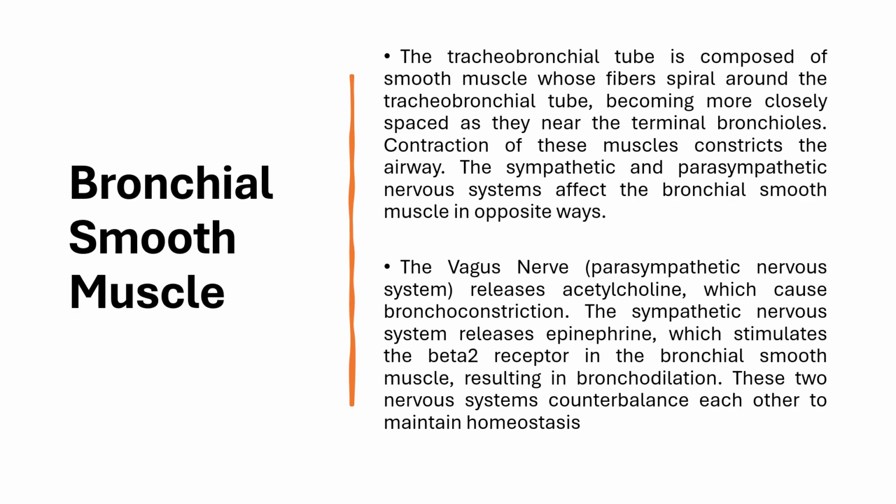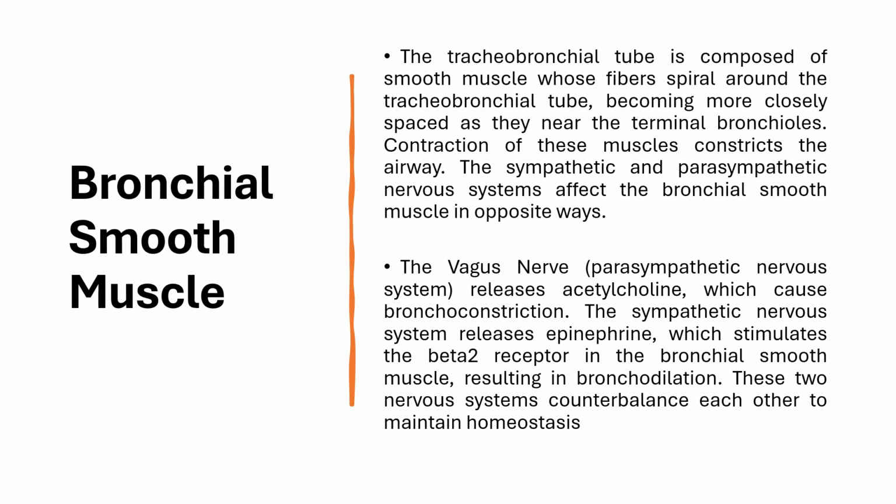Your tracheobronchial tube is composed of smooth muscles, with fibers spiraling around the tube, making it more closely spaced. The sympathetic and parasympathetic nervous system affects the bronchial smooth muscles in opposite ways.